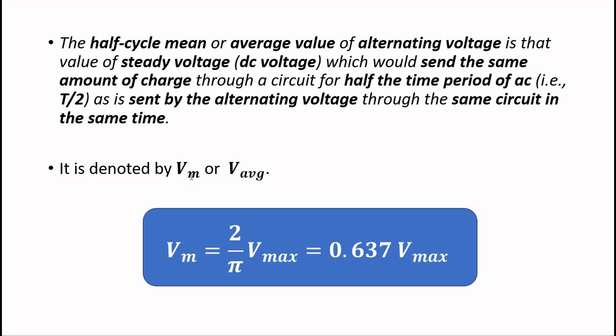That is given by V mean or Vm or V average, which is equal to 2 by pi Vmax, which is equal to 0.637 Vmax.